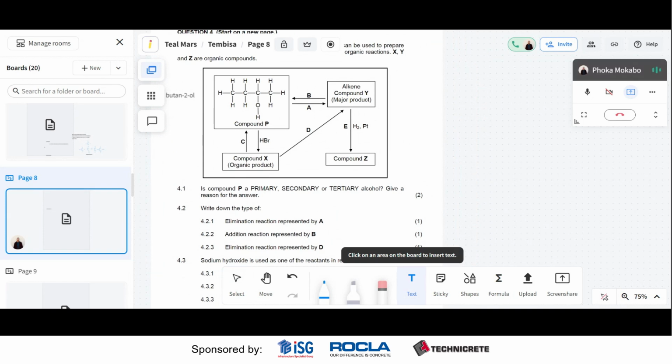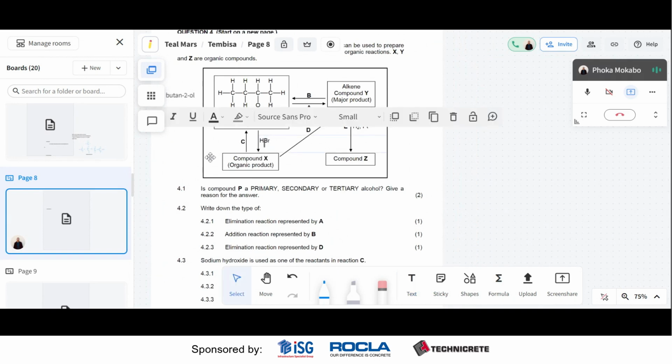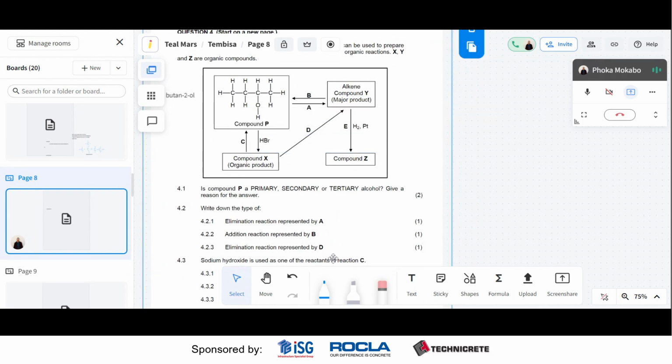So we have an alcohol, and an alcohol reacted with a halogen acid will be a substitution reaction. We started off with a saturated compound and will end up with another saturated compound, and therefore we have a substitution reaction. Because we are about to introduce a halogen, the specific name of this reaction will be halogenation.